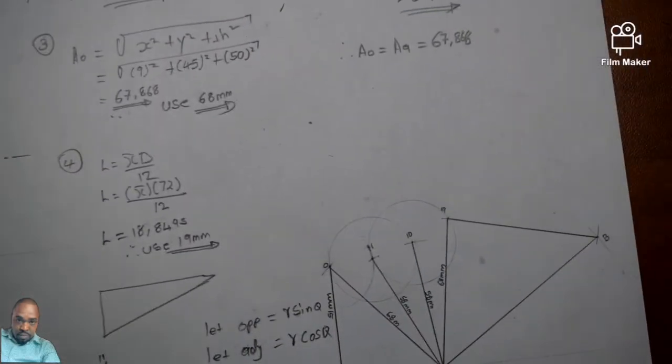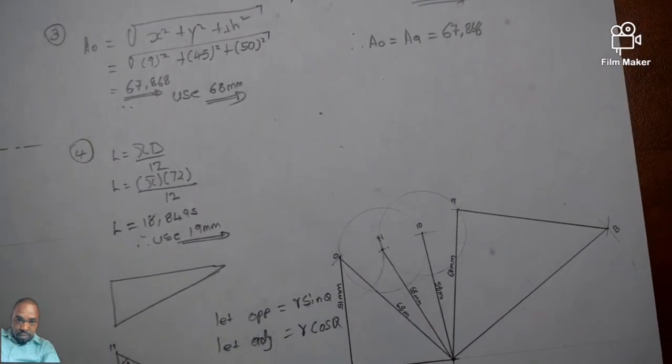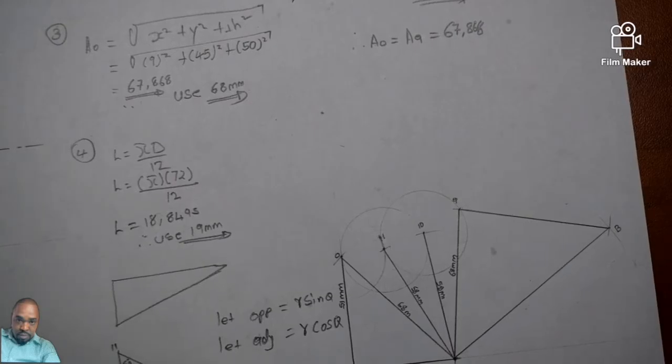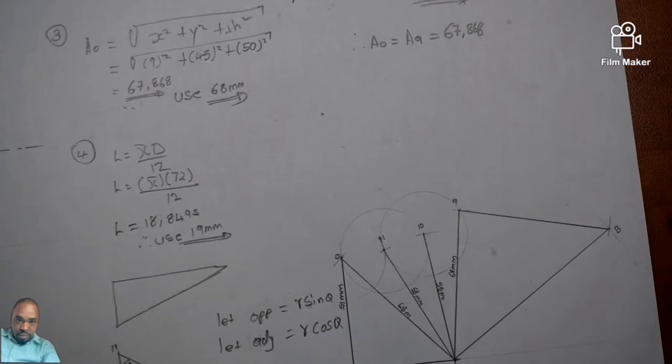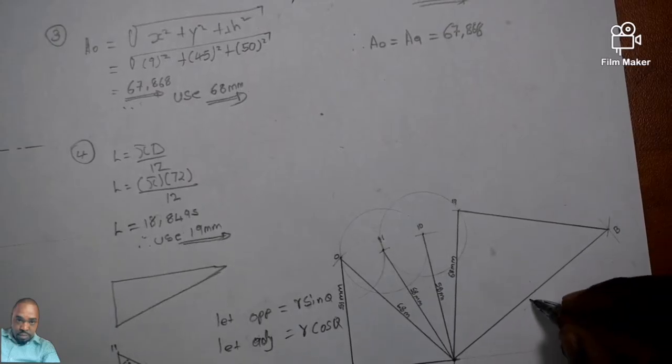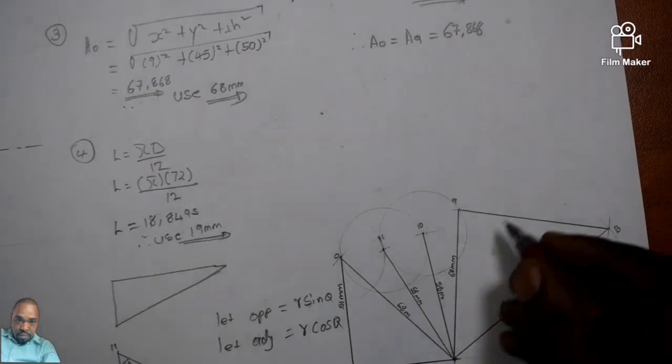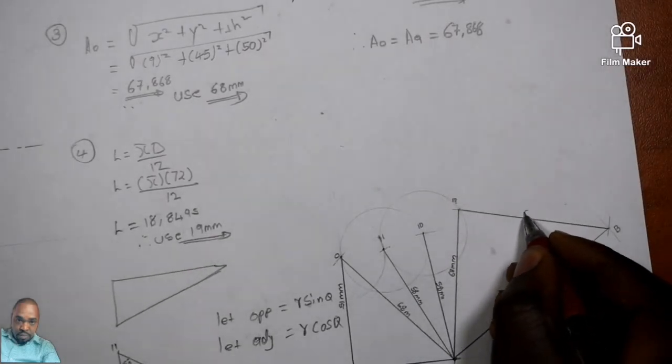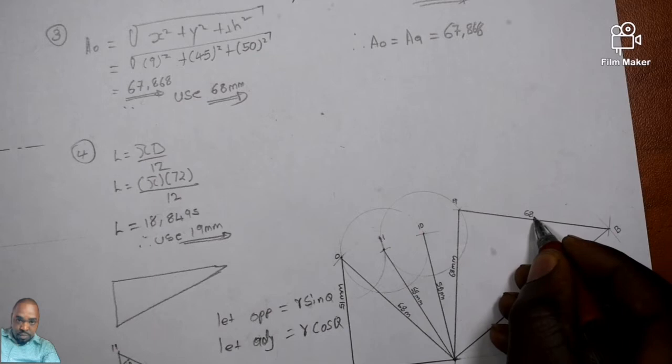So now if you know this square to round graphically, you are understanding very well what I am doing now. So here the set is 90 millimeter, isn't it? So here is still the same, 60 millimeter. You understand?